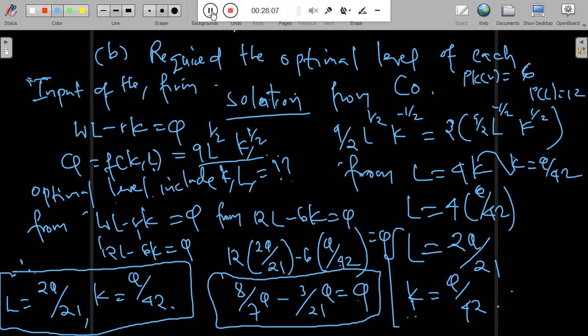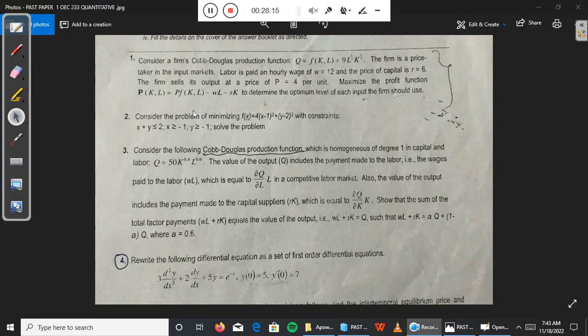Now let's go to question number 2. Consider the Cobb-Douglas production function, which is homogeneous of degree 1, Q is equal to 50K raised to the power of 0.4 and L raised to 0.6.